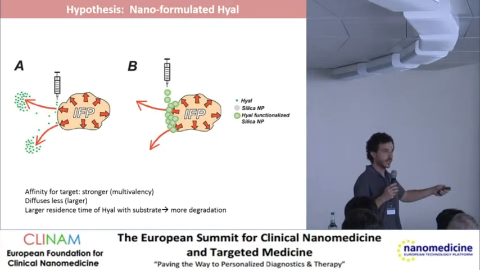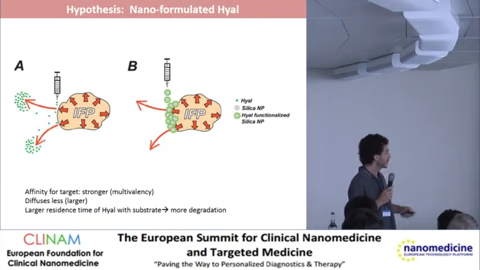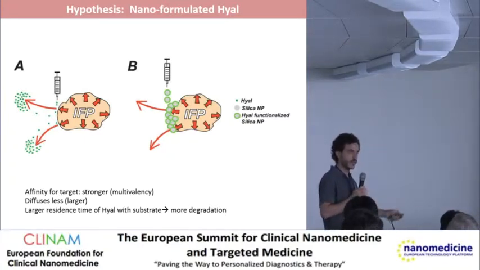Also, it's going to be a larger mass, so it's going to diffuse slower. So it's expected that it will be retained for a much longer time and degrade more of the HA.